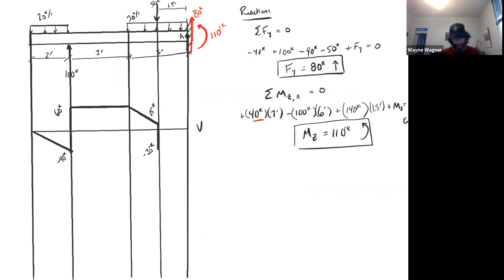Okay, so that's another 45 we're going to go down. So we're going to go down like this. And so that's going to put me at, so I was at negative 35, I went down another 45, so that's going to put me at negative 80. Oh, kips, not kilonewtons.